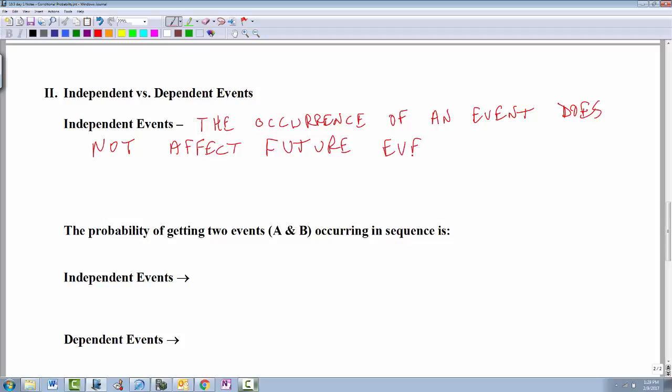So dependent is the opposite of that. A dependent event, the first event affects the probability of the next event. It changes the numbers, let's say.